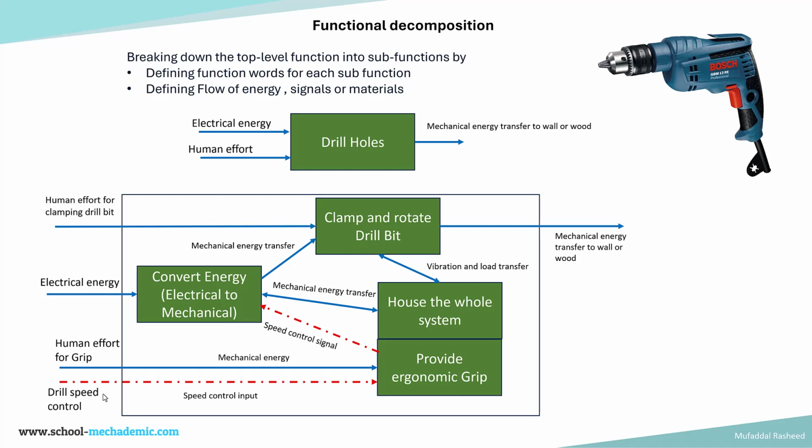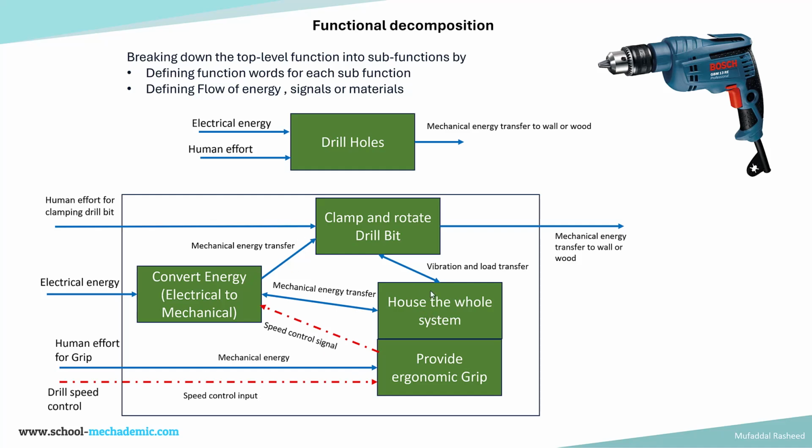So drill speed control is given as an input by the person operating the drilling machine, which says what the speed of rotation has to be given to the motor. So that is given on the button. The button is part of the housing, and that in turn is transferred in the form of a speed control signal to the motor, which will change its speed based on the input received.